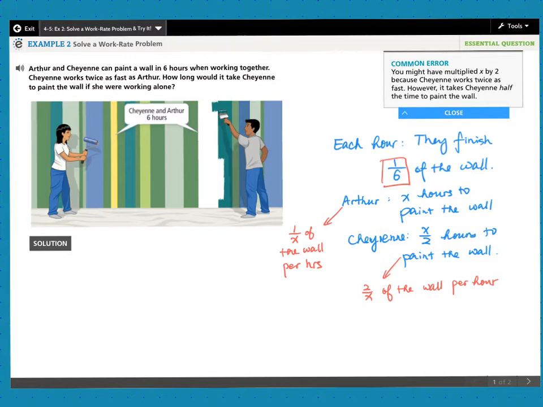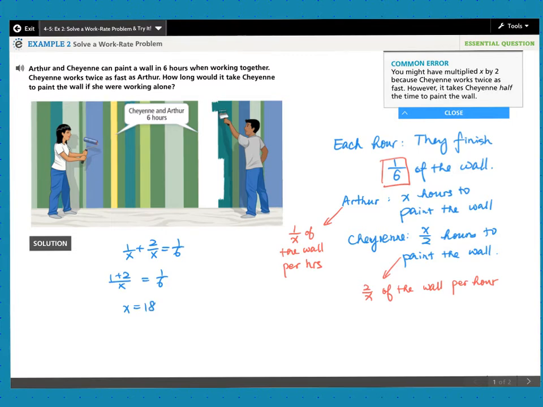So there exists an equation where 1 over x plus 2 over x should equal 1 over 6. And if you do your math right, this is pretty easy, x should be equal to 18.